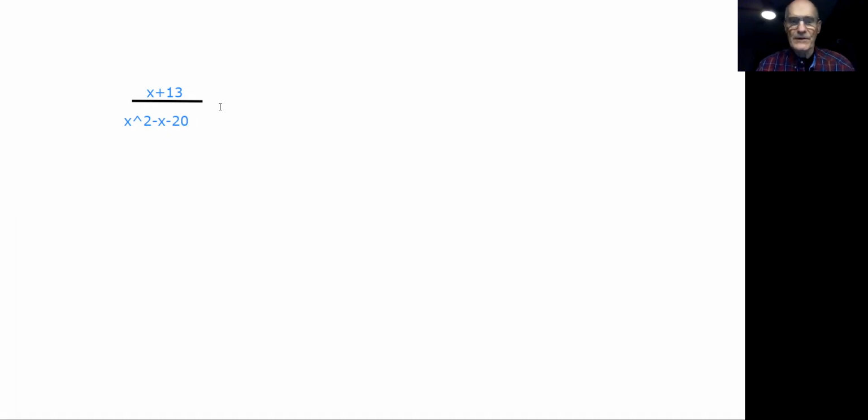Now the concept here is once again to break this down into fractions. So the first thing we do is we factor the denominator here.